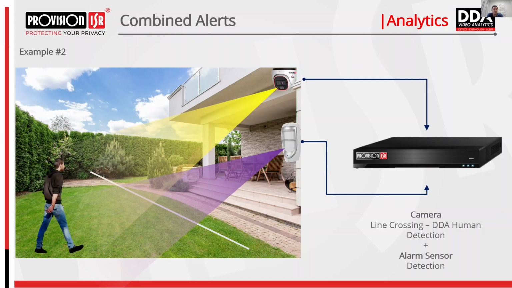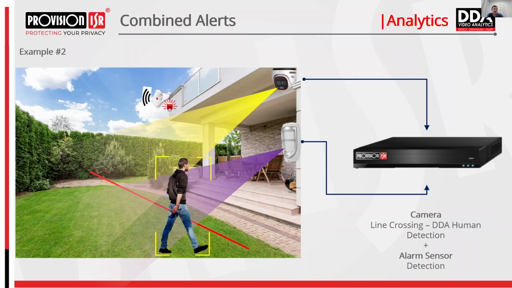However, if a person is detected by the detector and the AI identifies it as a human, only then will the alarm activate. So as you can see, this is a simple and effective way to dramatically reduce false alarms and make your outdoor protection much smarter, with just one of our most basic IP cameras and any combination of alarm sensors working together.